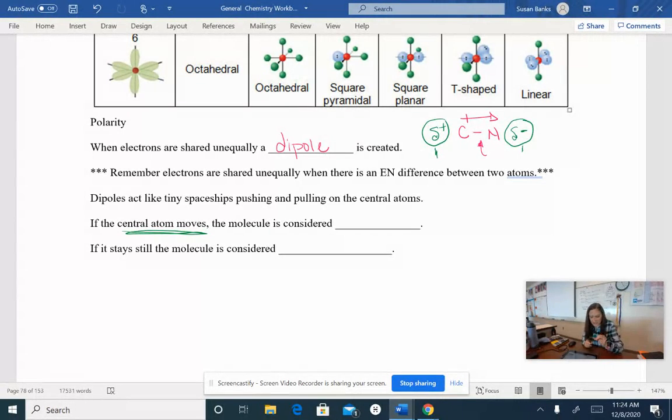And if that center atom moves, that molecule is considered polar. That means it has a positive end and a negative charged end. Okay? If all of those little pushes and pulls add up and cancel out, if that center atom stays still, that molecule is considered nonpolar.